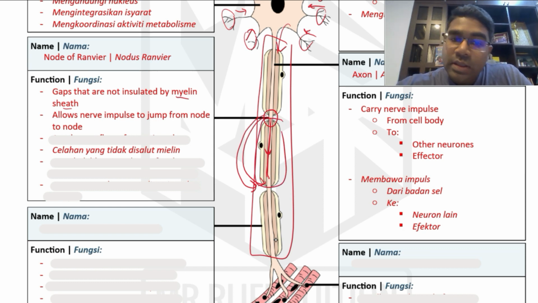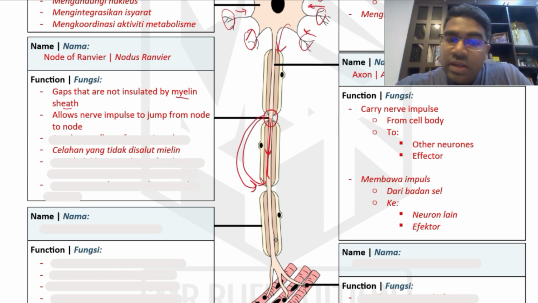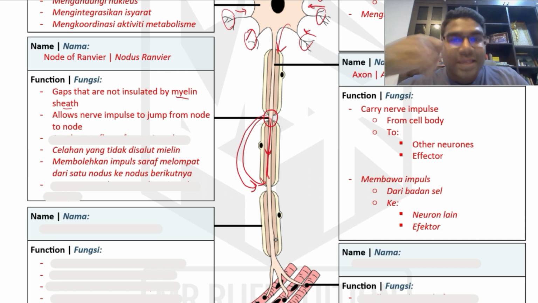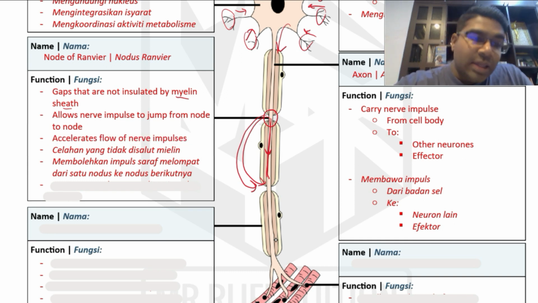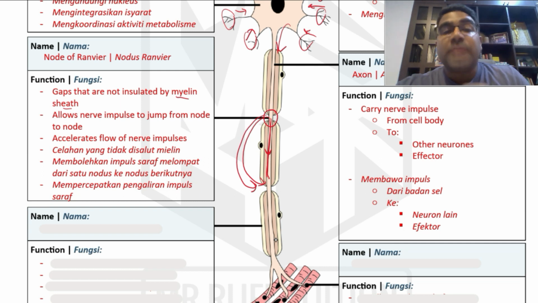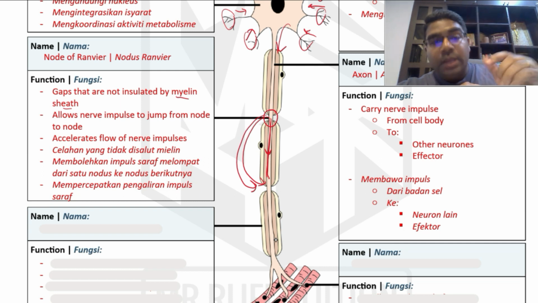This is a insulator, the myelin sheath. Salut myelin ini adalah penebat dia ya. So dia akan membolehkan impuls melompat dari satu nodus ke nodus berikutnya. So apakah akibatnya? What is the result of this? Akibatnya ialah this accelerates the flow of nerve impulse. So sekarang pengaliran impuls saraf dipercepatkan. Dia boleh mengalir dengan lebih cepat.